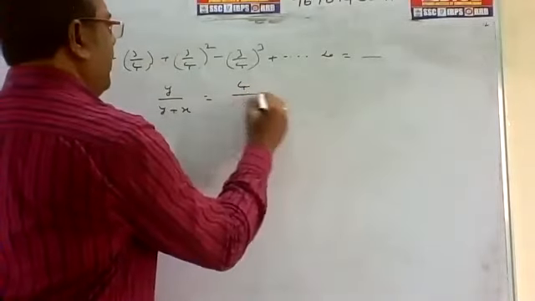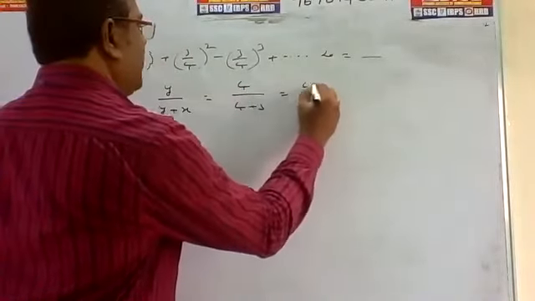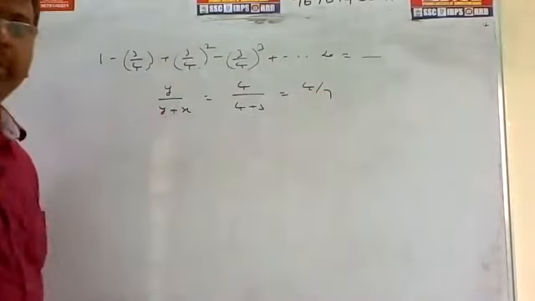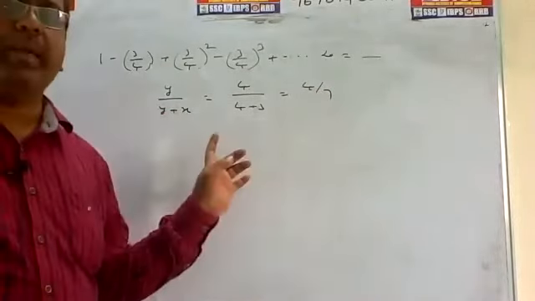So the value becomes 4 by 4 plus 3. So the answer is 4 by 7. 4 by 7 is the right answer. So that is the fourth formula.